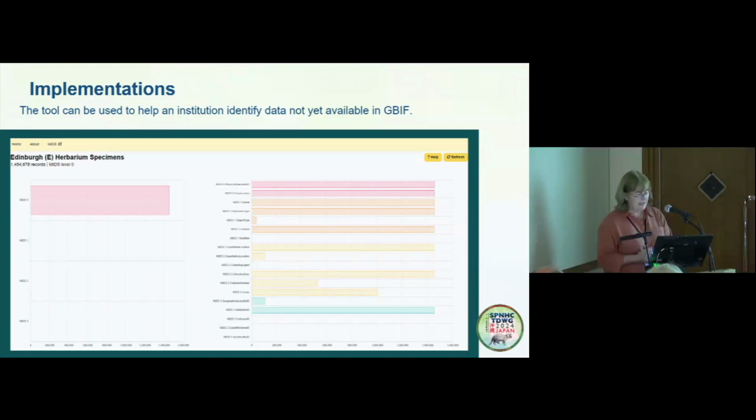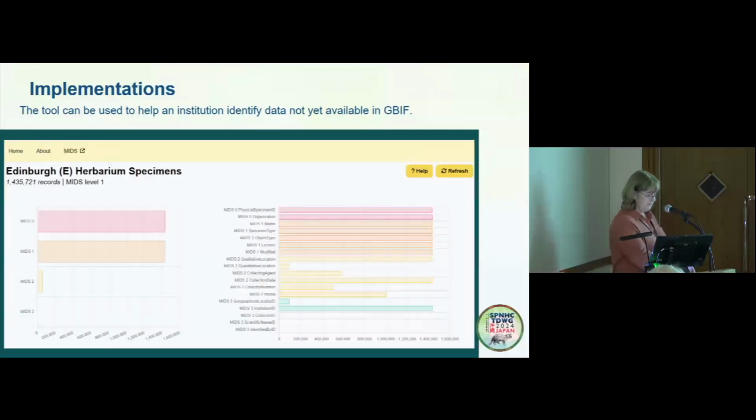They may just not have been mapped yet, or there may be some issues in the mapping during the export process as well. So we were able to identify some key data not being made available on GBIF using the MIDS checker. And then we modified our GBIF mapping and export, and we could easily see the impact it had on our data in GBIF.